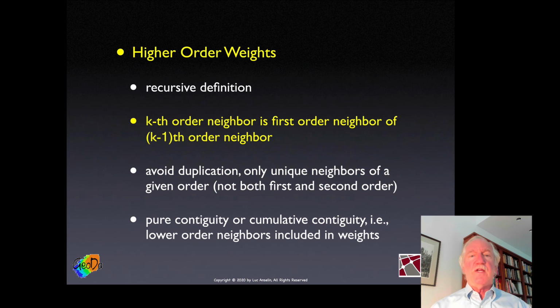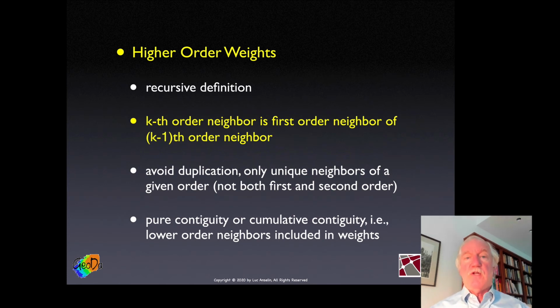Then there's a second operation that we need to be aware of. It's the notion of higher order weights. And this is actually kind of complicated because it is a so-called recursive, working backwards definition. So you define a neighbor of order k, let's say, as a first order neighbor of the neighbors of order k minus 1.